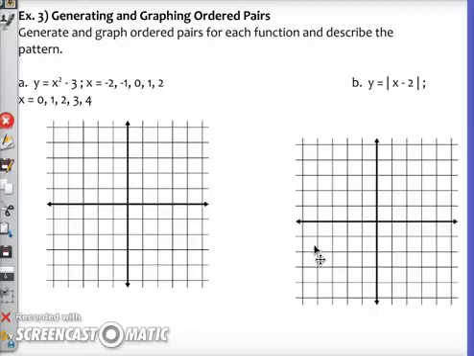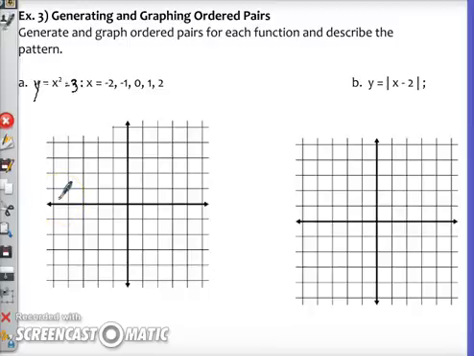So for A, it says y equals x squared minus 3 for x equals -2, -1, 0, 1, and 2.